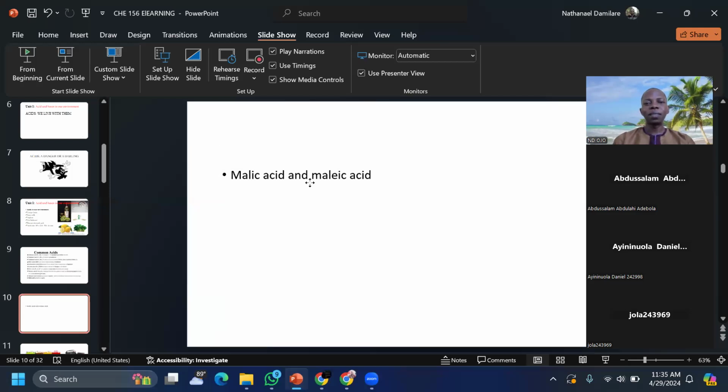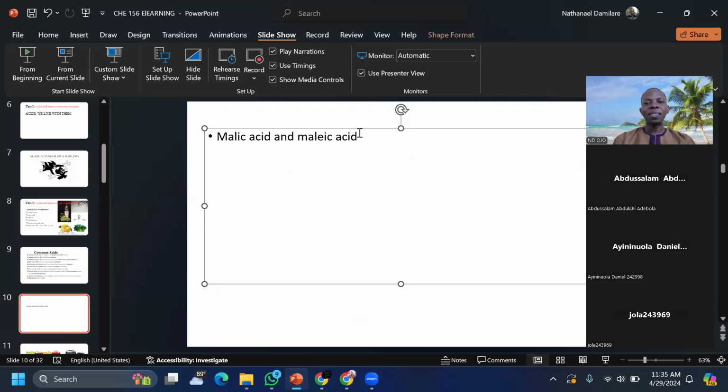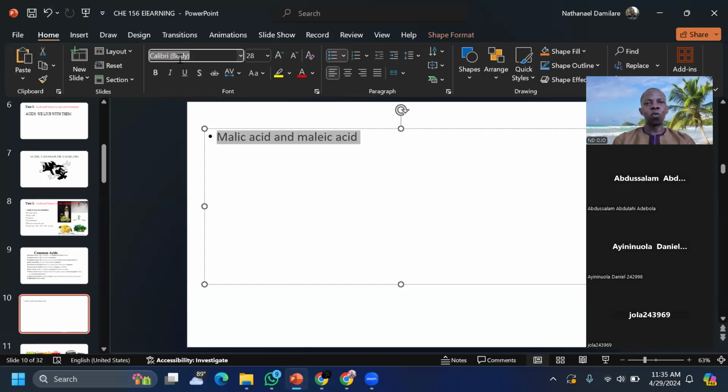Are they the same thing? Malic acid and malic acid, are they the same thing? Is there a difference between them? Are they just essentially the same? So you find out about this and see, and maybe give me a feedback.